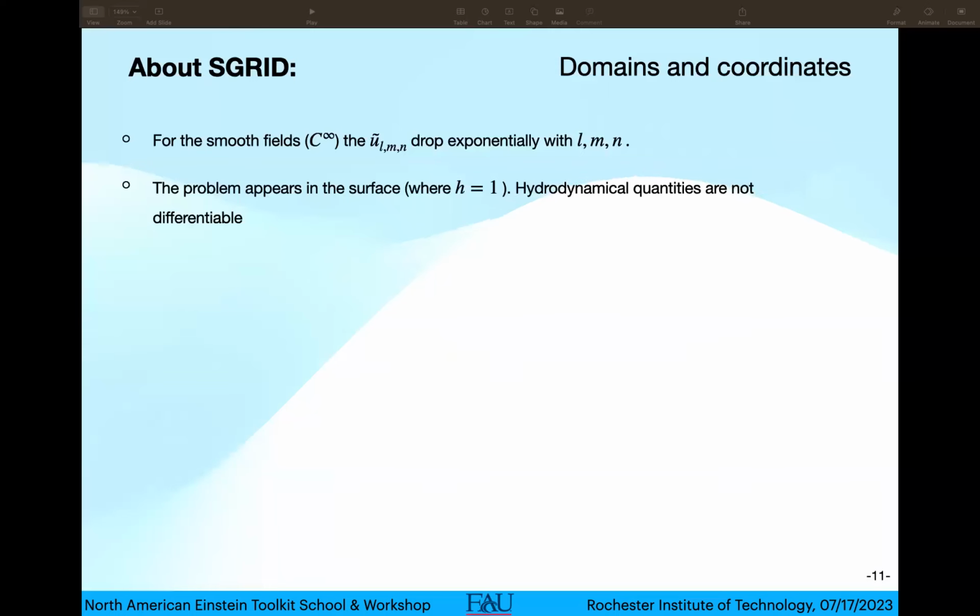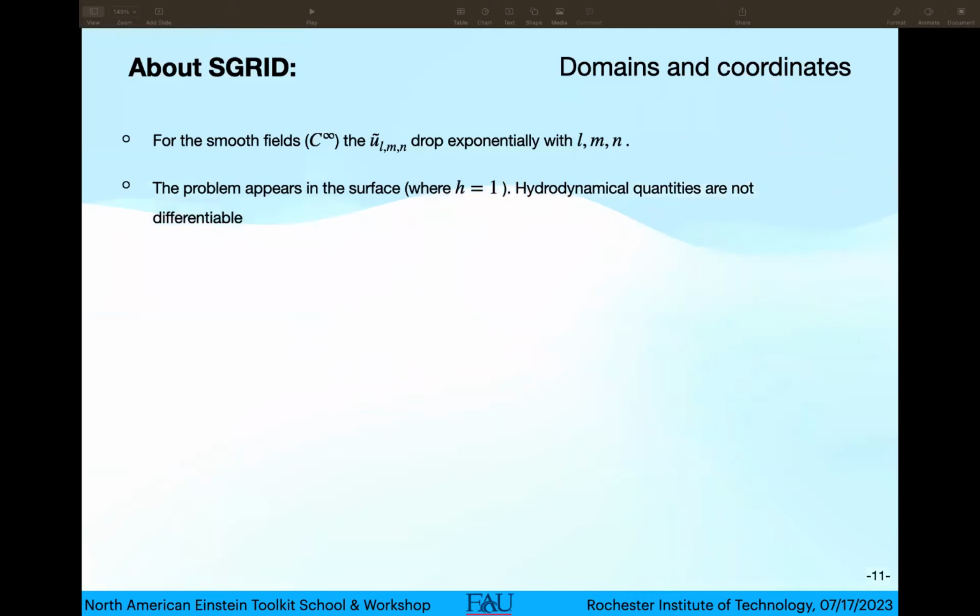The fields must be smooth and differentiable. But our problem, the neutron star, is not the case because we know there is matter inside, then there is a surface and there is no matter. So there is a discontinuity. The density is very high, and then kaboom, there is a surface of the star and there is absolute zero or some artificial atmosphere.